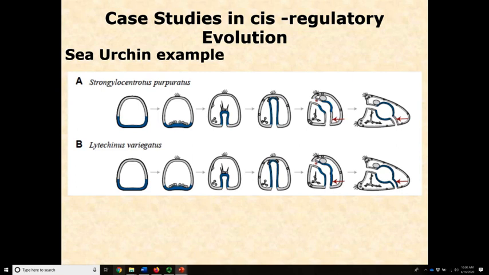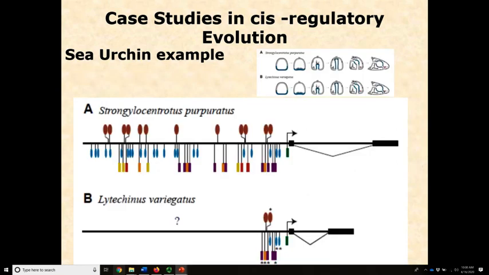Okay? And when we look at it for species 1, all of these little squares and ovals here represent the regulatory elements that are controlling this developmental gene, this really important gene in species letter A. These great names, right? Strongylocentrotus purpuratus.